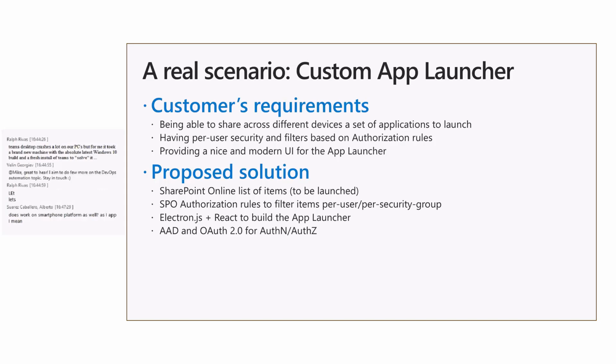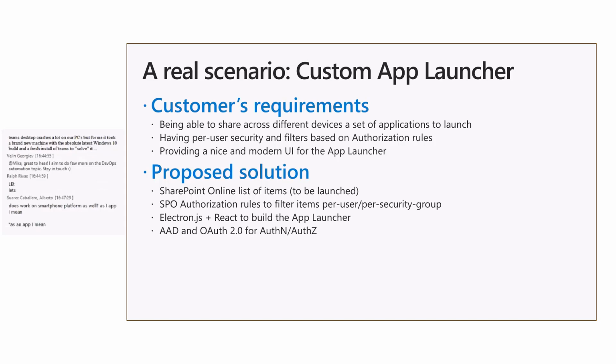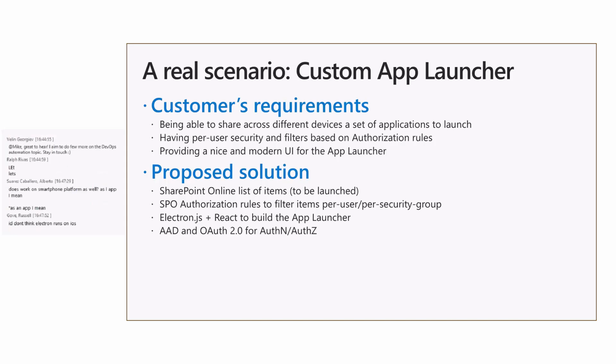Moreover, using SharePoint Online and Azure AD, we can make it possible for the end users to have a smooth experience because they will leverage the single sign-on that they have through ADFS and through the federation that they have in place.